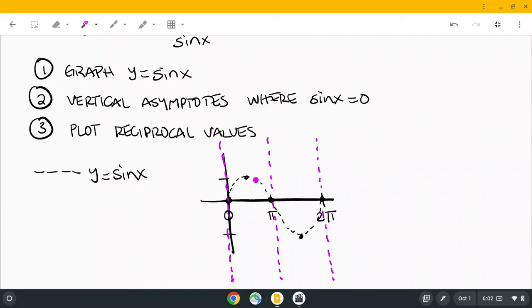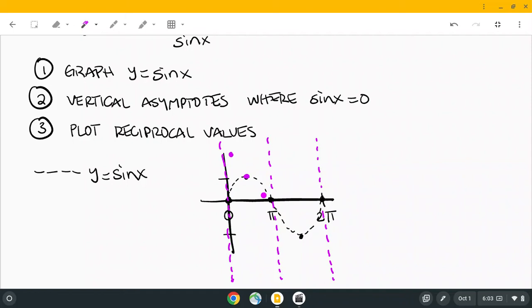1/2. All of these we will take the reciprocals of. So let's start with this one. The reciprocal of 1 is 1. I don't know any of these numbers except for 1. At 30 degrees, it's 1/2, so the reciprocal of 1/2 is going to be 2.